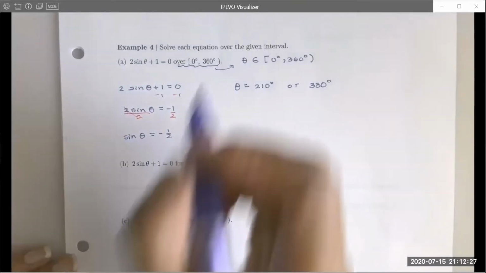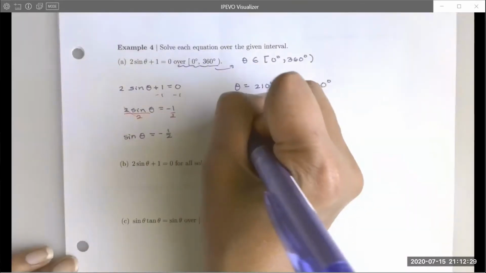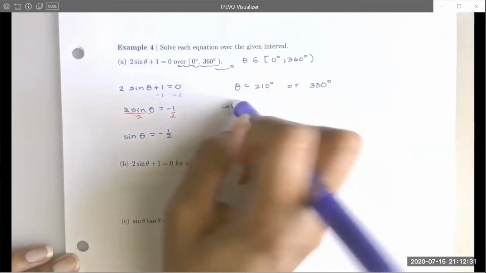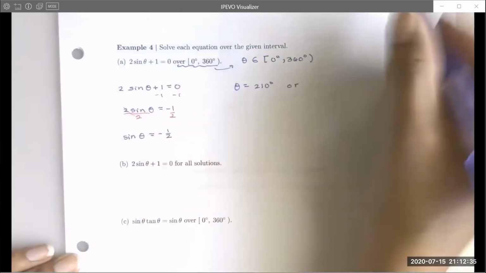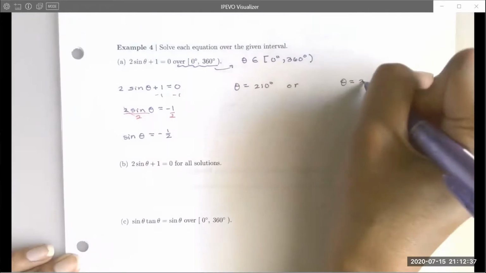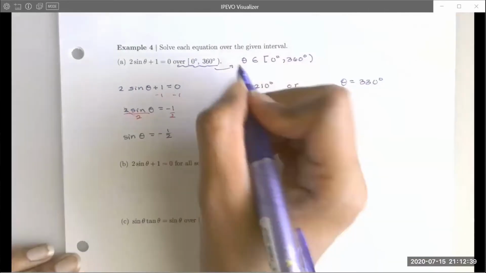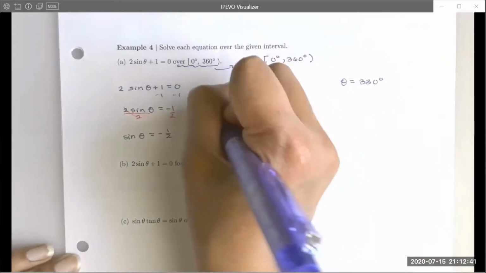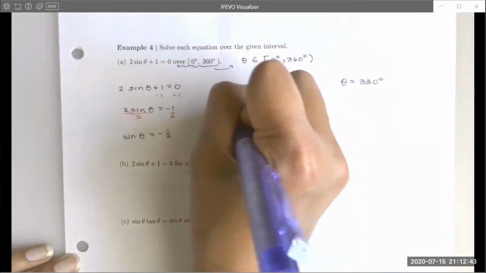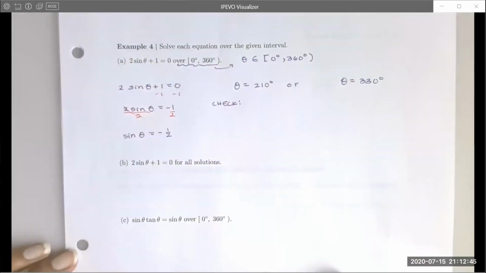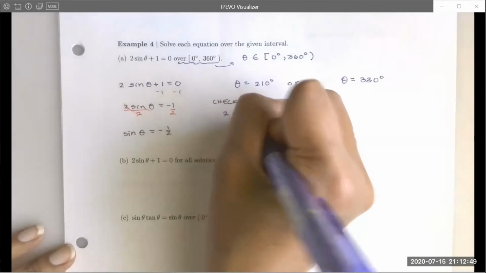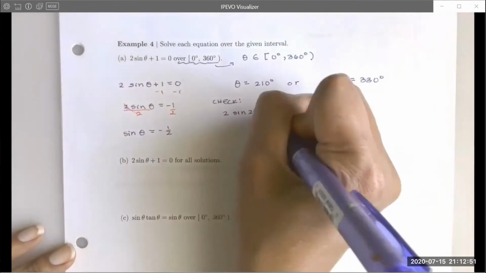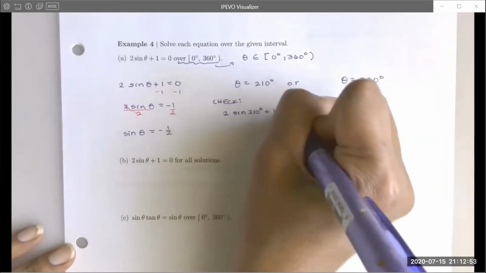And if you want to check whether that is correct or not, actually let me write here, or theta equals 330, then you would do so just by plugging in. Okay, so if we check, let's start by checking this. Theta equals 210. 2 times sine of 210 degrees plus 1, will that be equal to 0?